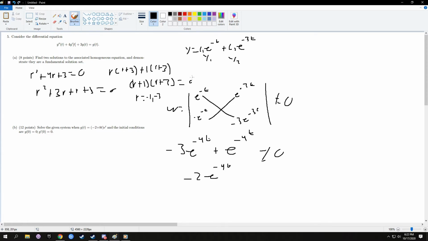If you did it the other way, you could get positive or negative 2. Since I got a negative 2, it does not matter. I thought this had to be positive 2, but it doesn't matter because we know e to the negative 4t can never equal 0. So this checks out. This cannot equal 0. So I got my fundamental solution. I just proved it right there. And that's it. So these are my solution sets right here.